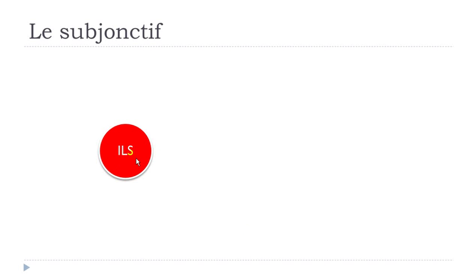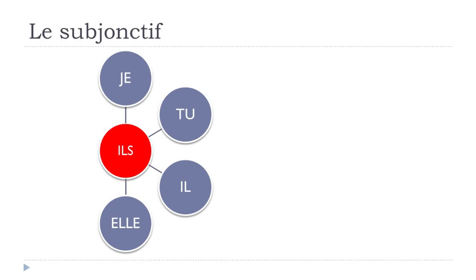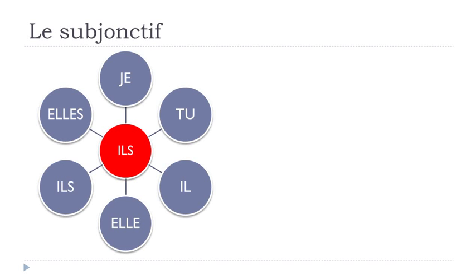And this form of the present will help you to build the forms of the subjunctive for je, for tu, for il, for elle, for ils, and for elles. Okay, so the form of your verb at the present, at the third person of the plural, will help you to construct the subjunctive form for all these persons here.